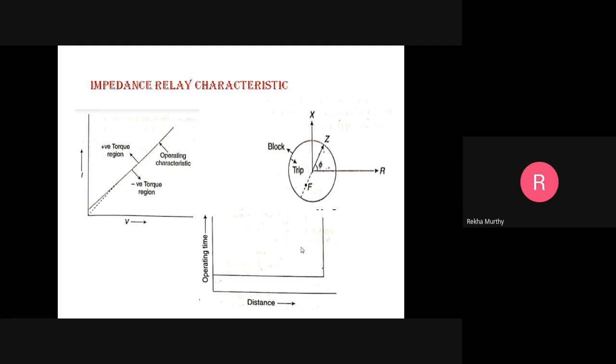Because its characteristic is a circle, the relay will trip for a fault point lying within the circle, irrespective of whether the fault lies in the forward or reverse direction. We are not able to identify that, which is the challenge in this impedance relay. That is why we make use of a directional unit.